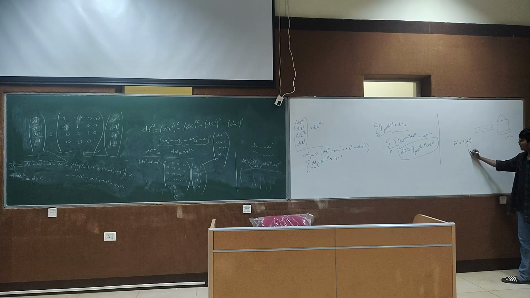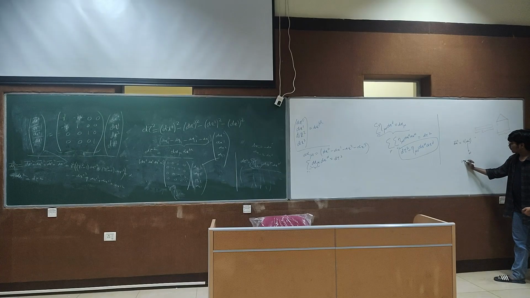So if the observer in S frame measures the length to be dx1, an observer moving at a speed v with respect to me in an inertial frame will measure the length to be dx bar equal to 1 by root over 1 minus v square by c square dx.